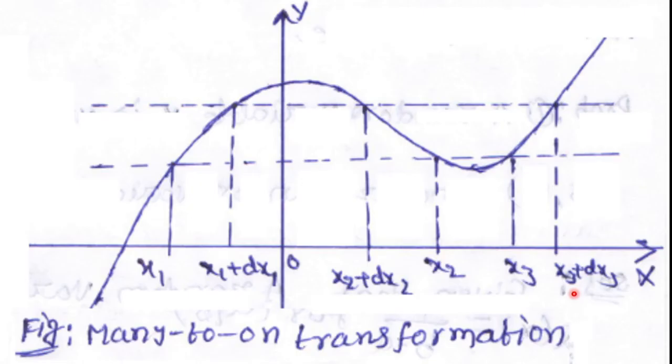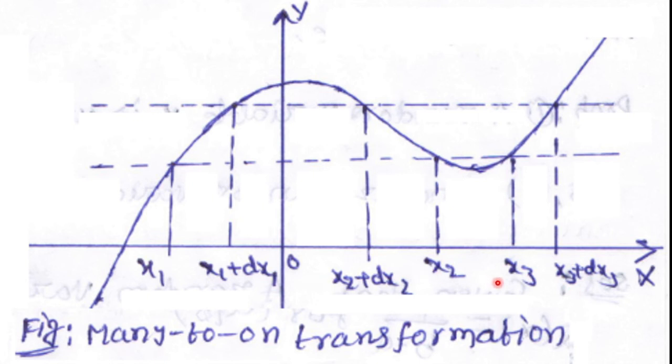This is the graphical representation of many-to-one transformation. Consider the figure in which the transformation y is equal to g(x) has three roots. Here we consider x1, x2, x3 as the three roots.